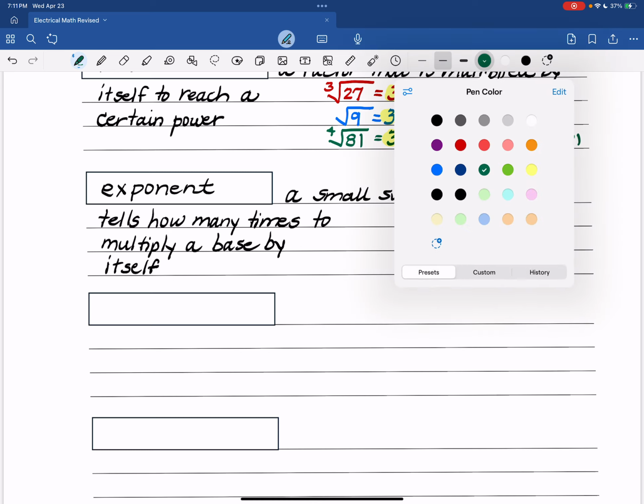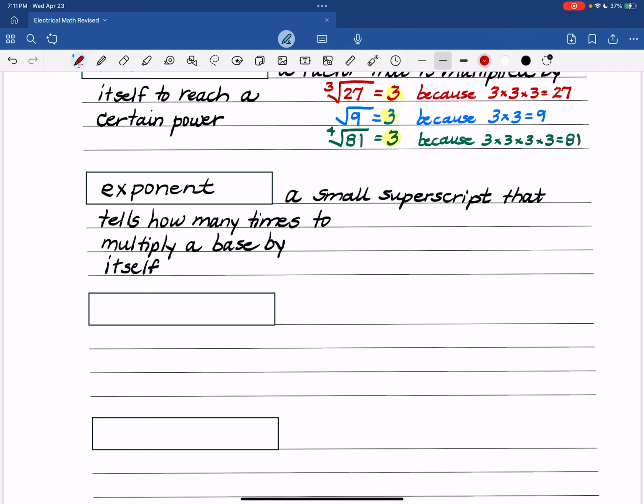For example, 5 to the third power. The exponent is the 3. This is the exponent. 5 is called the base, and this means 5 times 5 times 5.